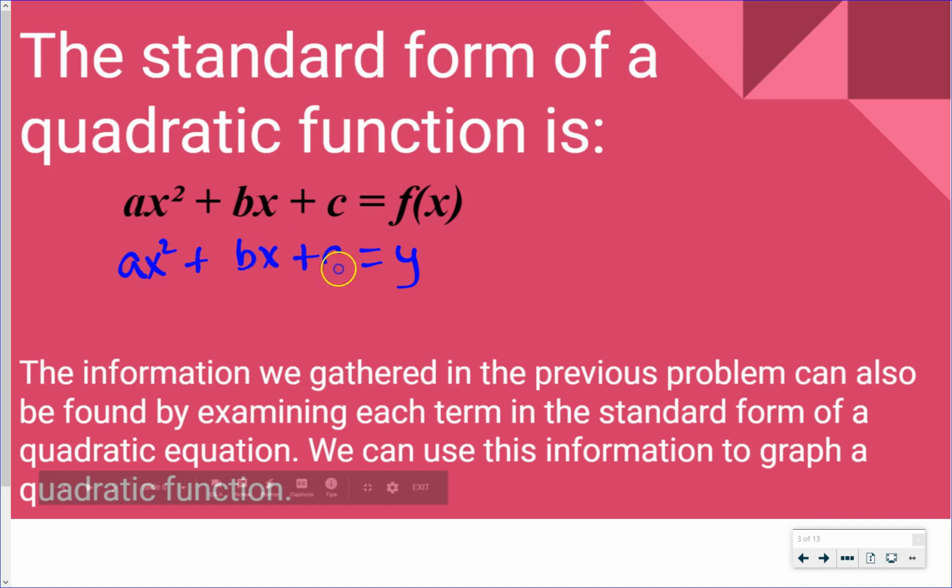We use y when we're finding a specific point, but f of x just represents all the points in the whole function. We're going to use this stuff. They're going to give me the equation and ask us to graph it, and then they're going to give us the graph and ask us to write the equation. So we're going to be able to do both ways today.